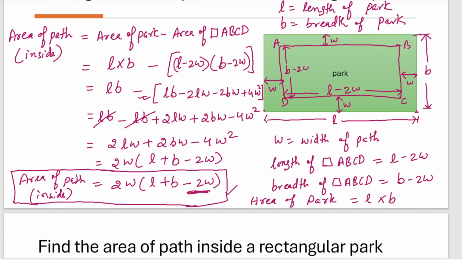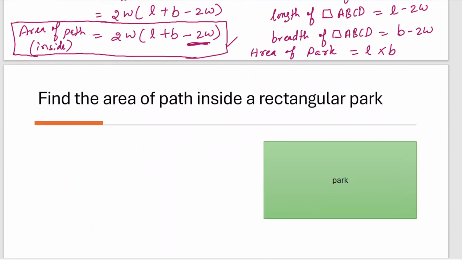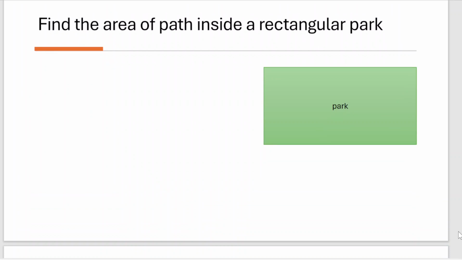Now let us use this formula to find the area of path inside a rectangular park. Okay, so let me draw a rectangle inside this park to find the area of path. Okay, so I'm taking a park whose length is given as 100 meter, whose breadth is given as 40 meter, and the uniform path that we are going to make, the width will be 2 meter.